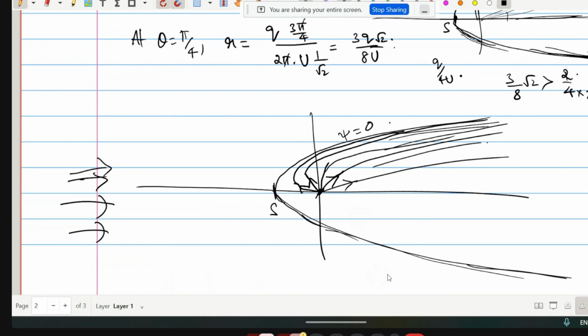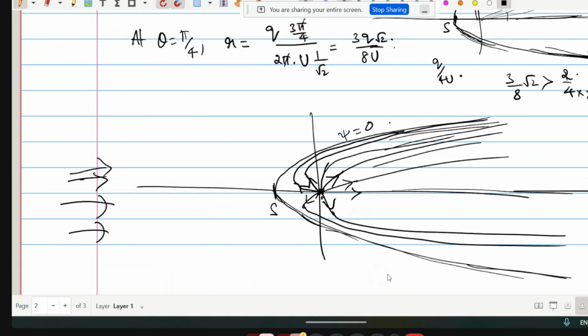So like that it will go. Even here also it will simply go like this. This is also a streamline, right? Inside the flow. That's what I'm saying. This is your inside flow. So this will go like this, and this pushes, and it will go like this. So this is what is happening inside this body. So psi equal to 0, these are all streamlines. Correct?